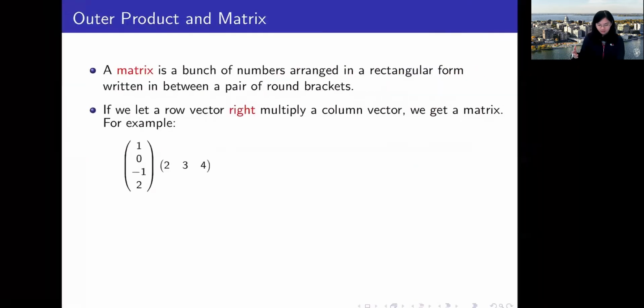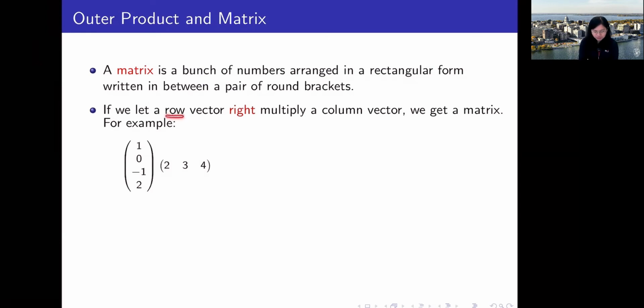A matrix is a bunch of numbers arranged in a rectangular form, written in between a pair of round brackets. So just like vectors are a row of numbers or a column of numbers, a matrix is a rectangle of numbers written in between a pair of round brackets.